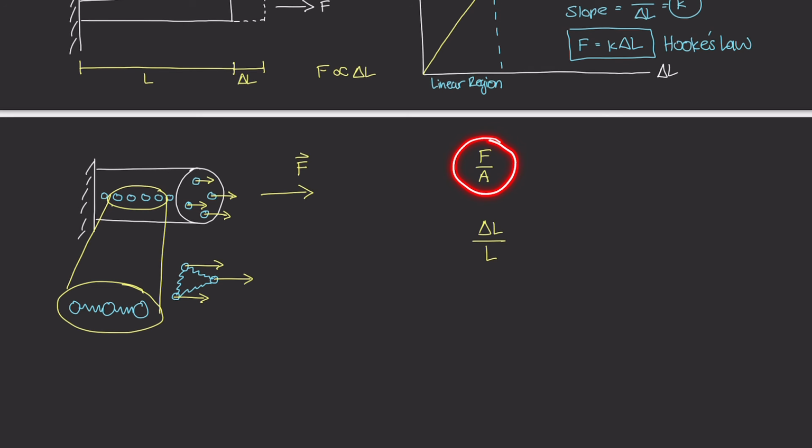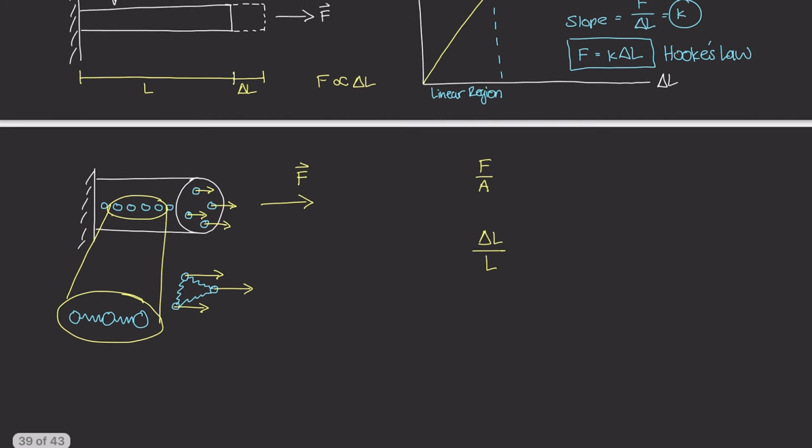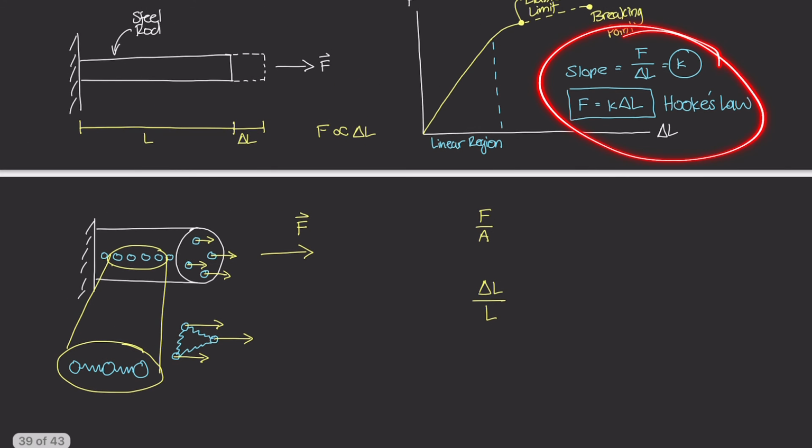So both of these ratios tell us one very important thing, and that is how Hooke's law is applied at the molecular level. It simply tells us that the force pulling on a bond is directly proportional to the amount that bond stretches.